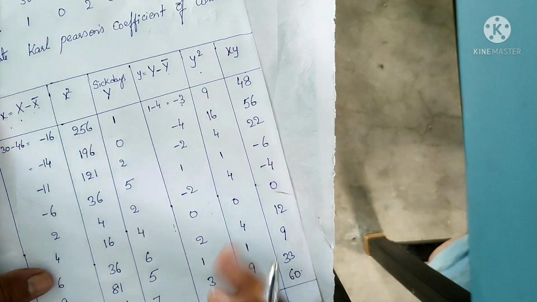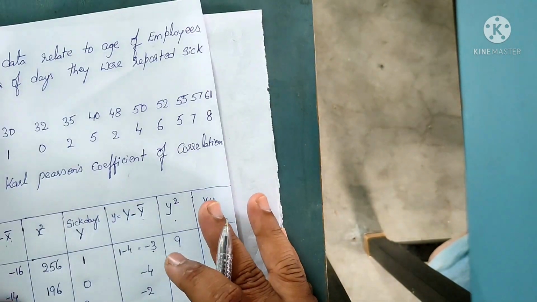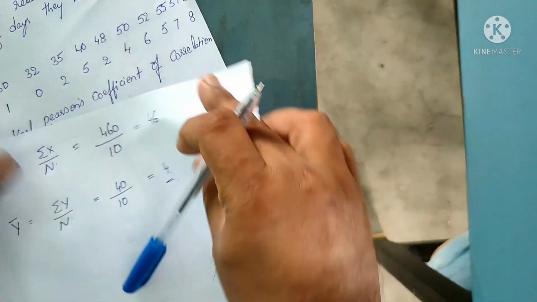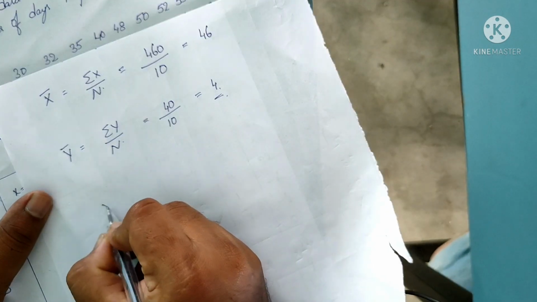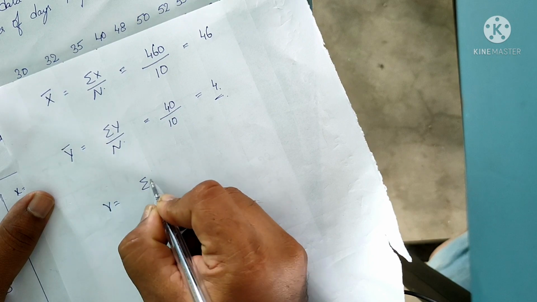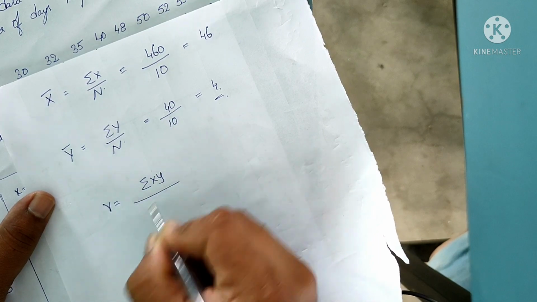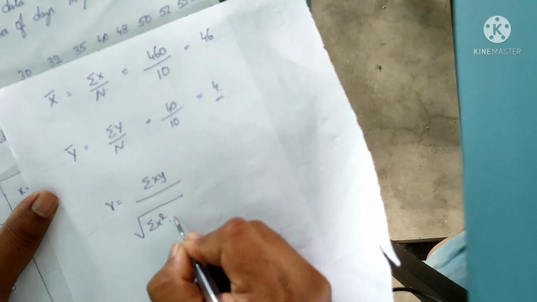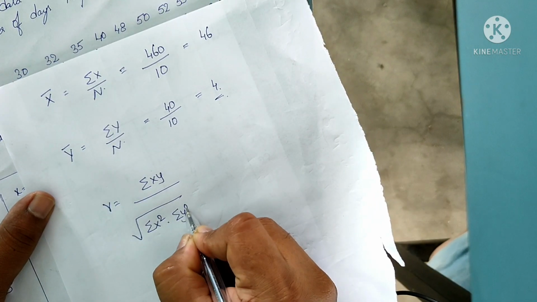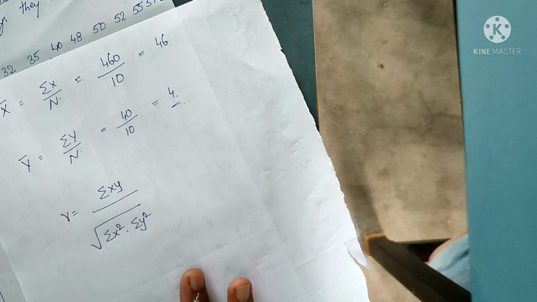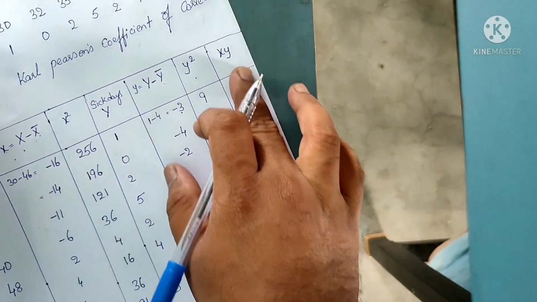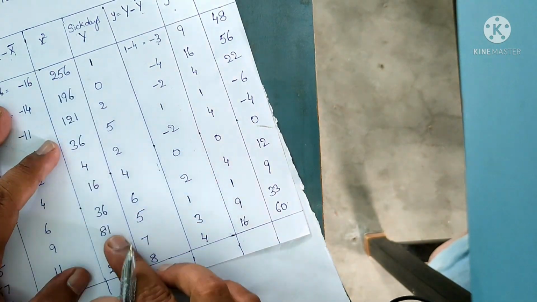According to the formula, r equals sigma xy by root over sigma x square into sigma y square. We have calculated x square, y square and xy, so we have to add all these values.